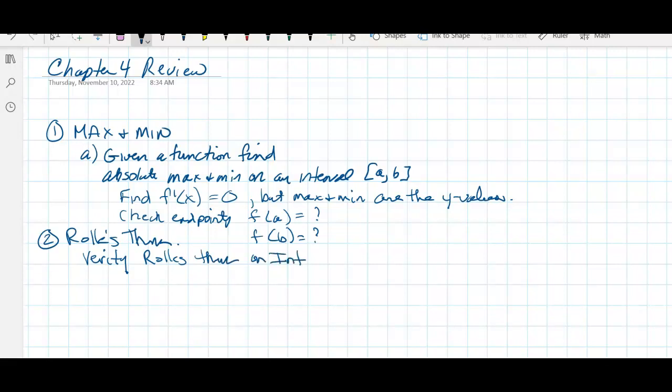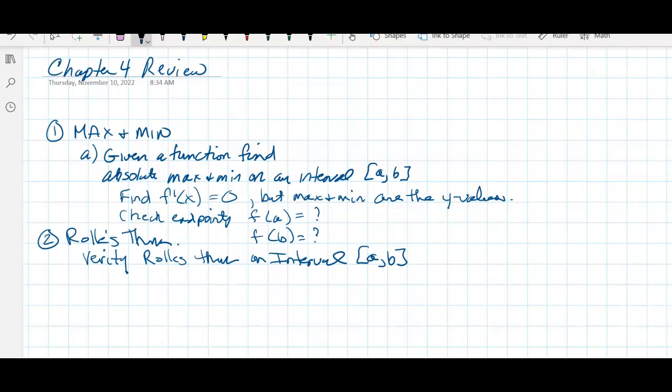Well, if you're on an interval, okay, what's the first thing you have to check? If you're actually given that interval, what do you got to check? You got to make sure, yeah, it's got to state that it's continuous. So if it's a polynomial, you automatically know it's continuous, right? If your f of x is a polynomial, yes, it's continuous.